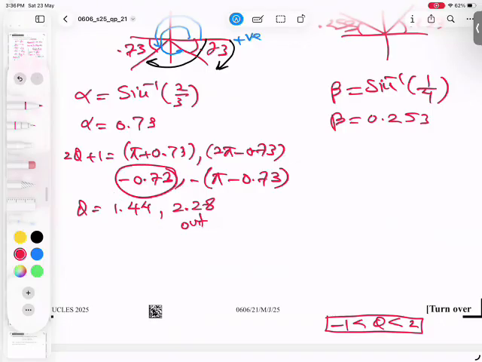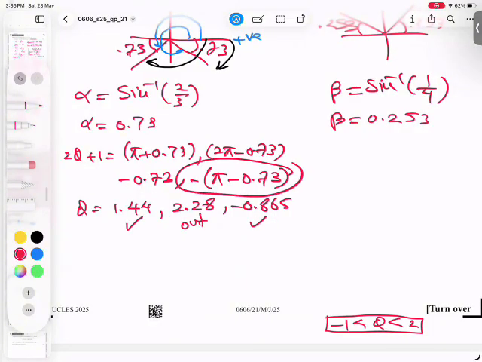So let's see this answer: negative 0.73, minus 1 and divided by 2. I'm getting negative 0.865, in range. And what about the third, fourth one?